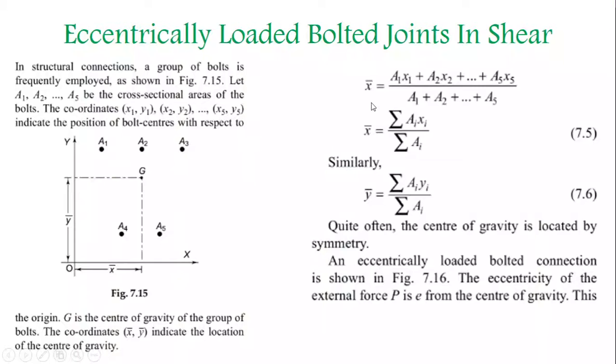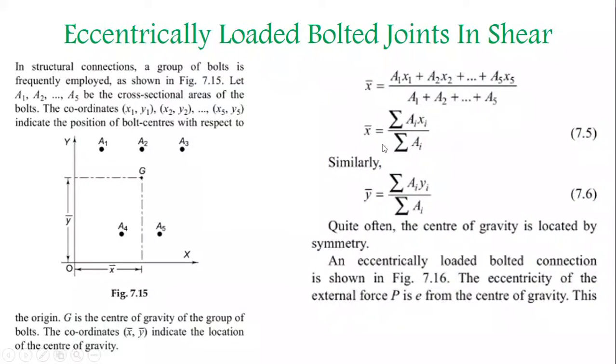Let x dash equal a1 into x1 plus a2 into x2 plus a3 into x3 up to a5 into x5, divided by a1 plus a2 plus a3 up to a5.